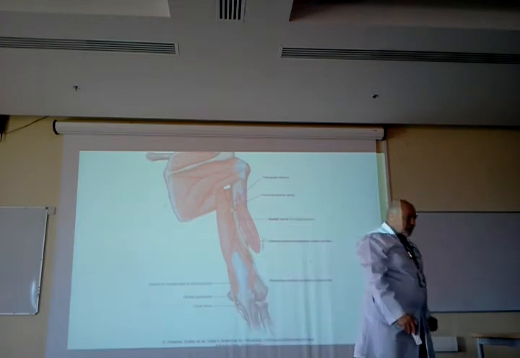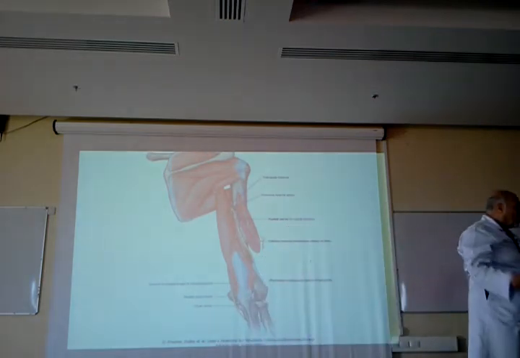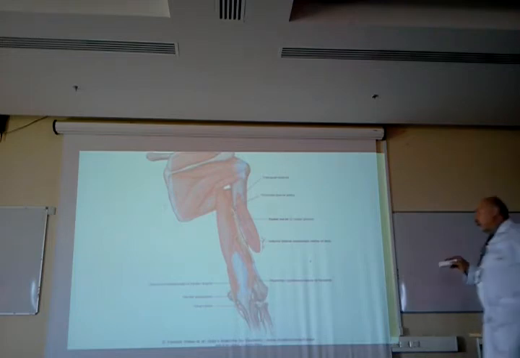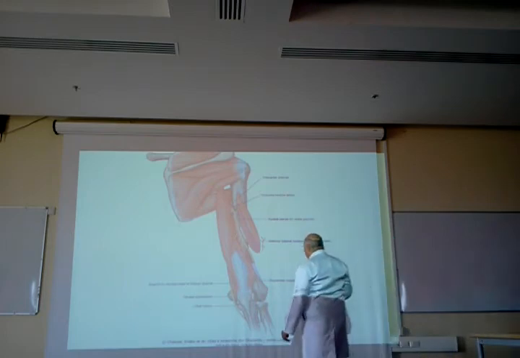To enter this triangle it must be behind the third part of the axillary artery. Then it passes in the spiral groove between the lateral head and the medial head, accompanied by profunda brachii, and pierces a septum.